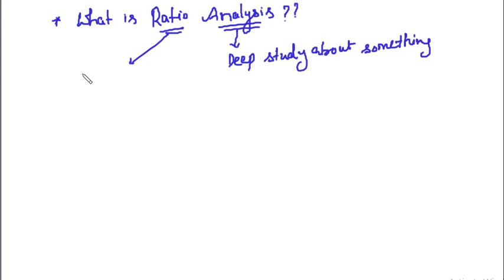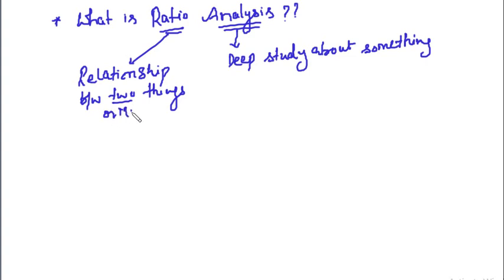What is a ratio? It is a relationship. It is a relationship between two things, two or more things, right? So what is a ratio? Ratio is the relationship between two things.